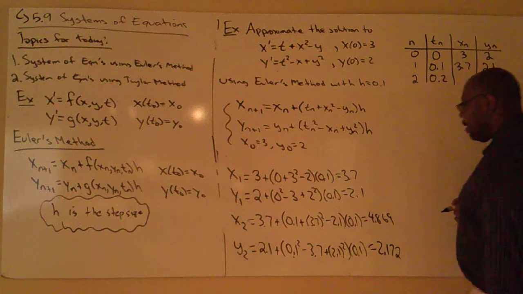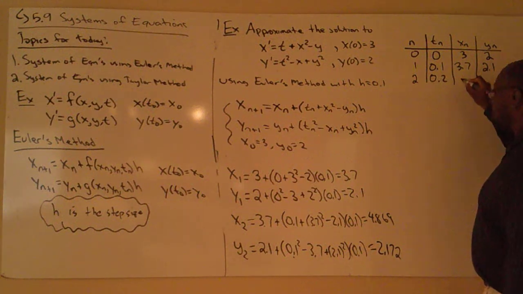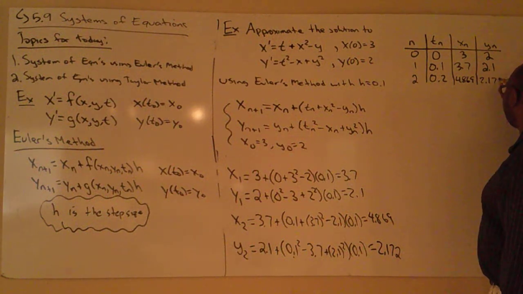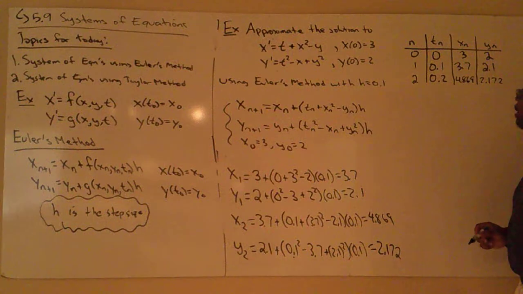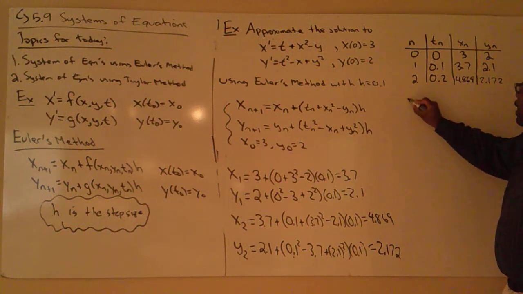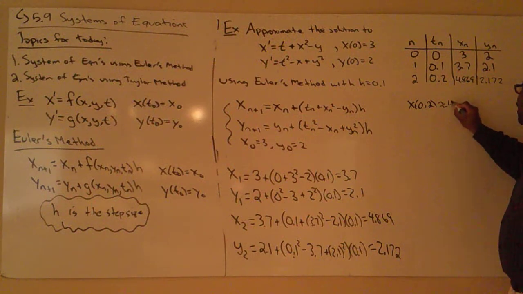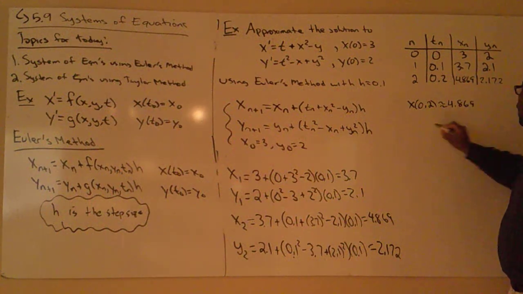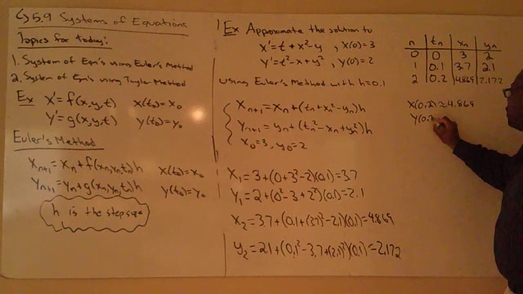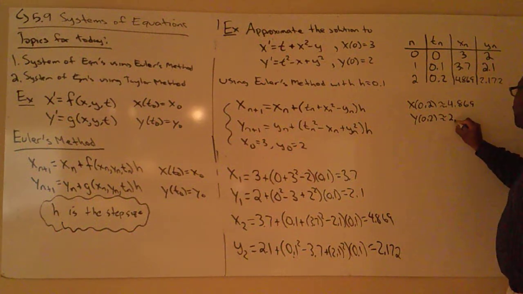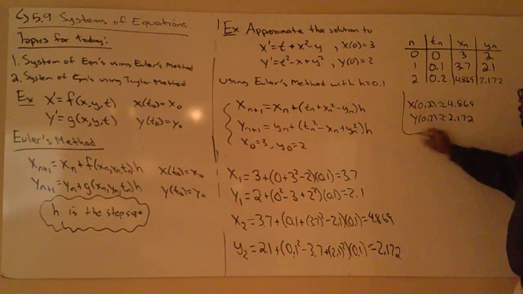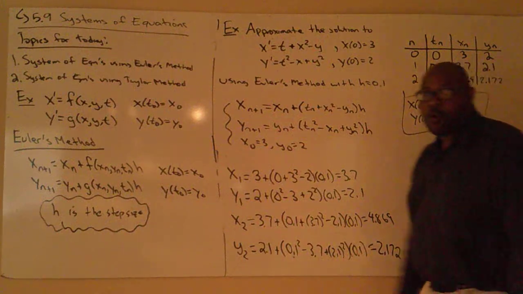So I can put that down: 4.869 and 2.172. That's going to be my approximation. I can say that x of 0.2 is approximately equal to 4.869, and y of 0.2 is approximately equal to 2.172. It's a rough approximation.